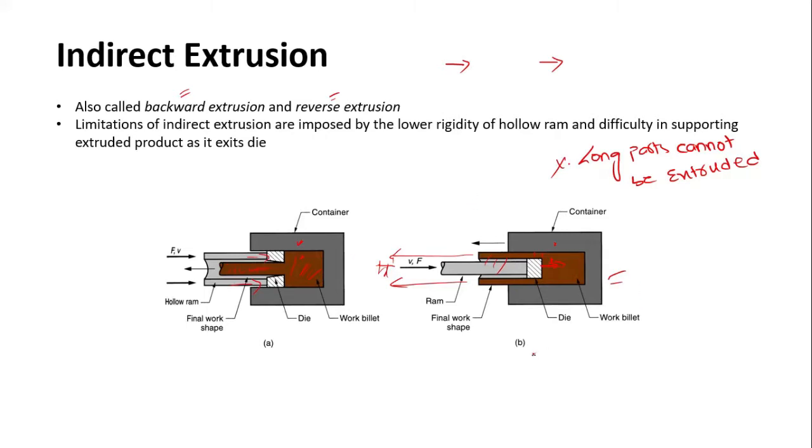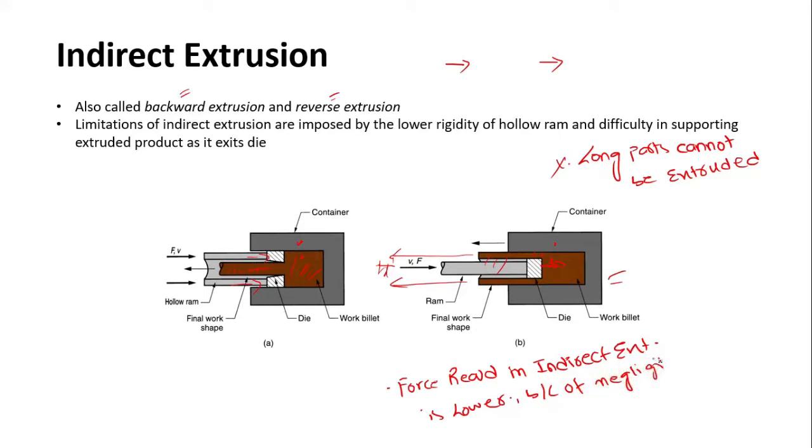So the force required in indirect extrusion is lower compared to the direct one, right? Because of the negligible friction effect, right?